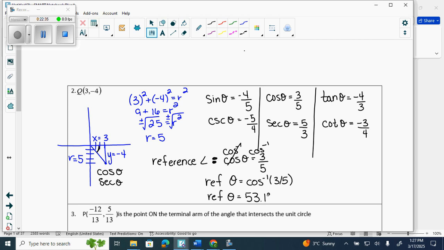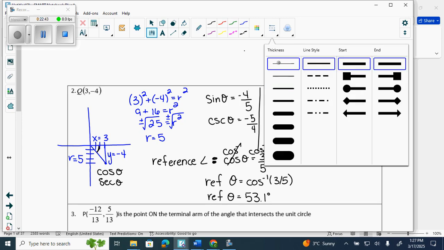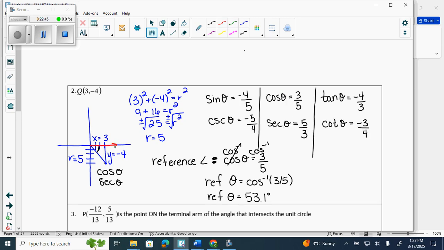Remember, reference angle is the bow tie angle, correct? So is that the answer to this angle where this terminating arm is? No. This terminating arm, look, it starts here and it rotates around until I get to this terminating arm. So it's asking me for this red angle. Does anyone have any idea how I can get this red angle if I know the reference angle is 53.1? 360 subtract that. Not 270 involved because the reference angle is this bow tie angle.